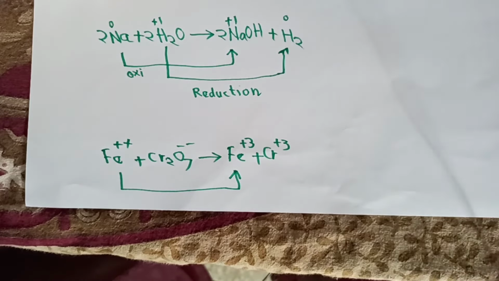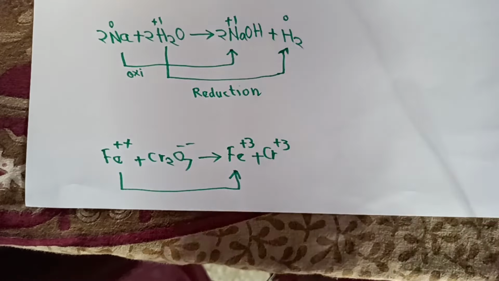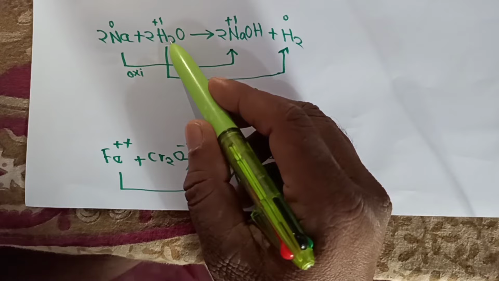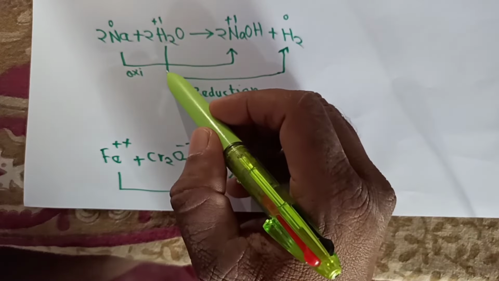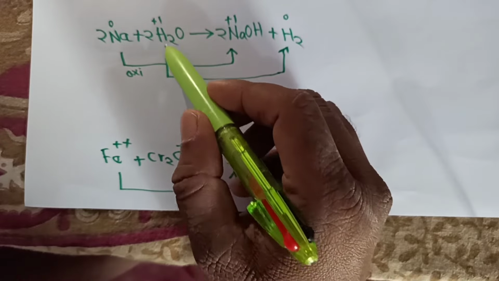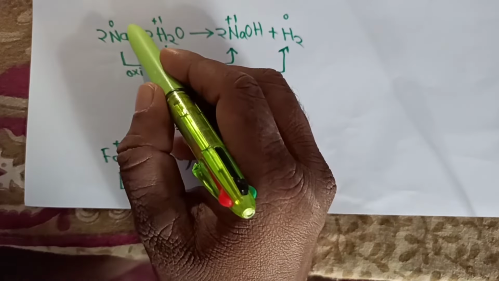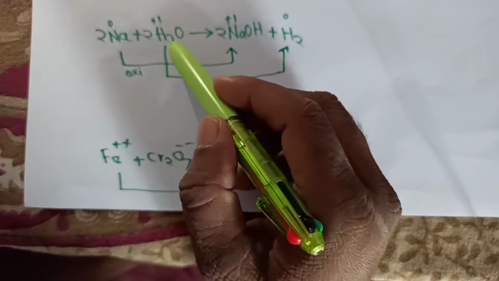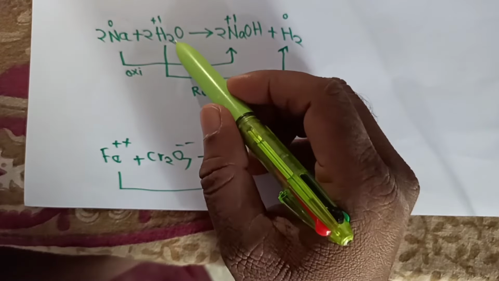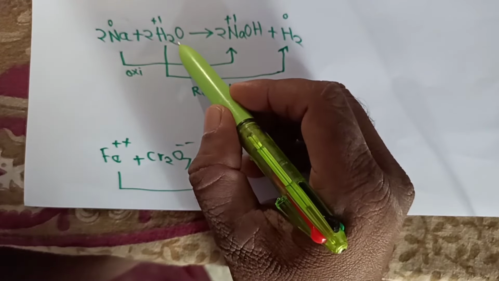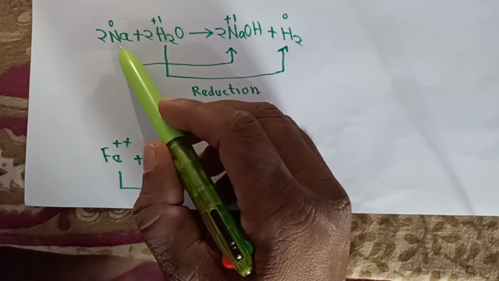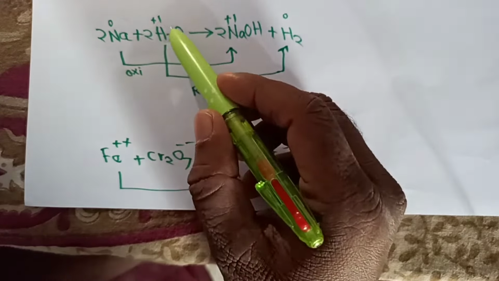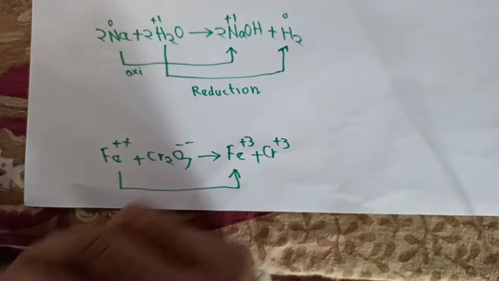Oxidation is the gain of oxygen, so it is not oxidation because of loss of oxygen. So this is the reduction. This is not the reducing agent because it will not reduce by itself. It will be reduced by other elements, other compounds. So this is the reducing agent.